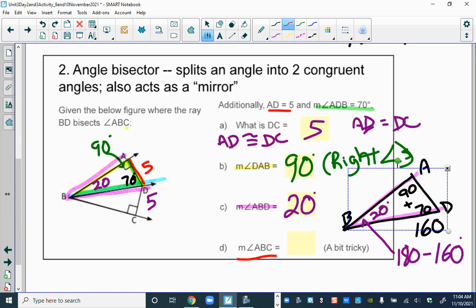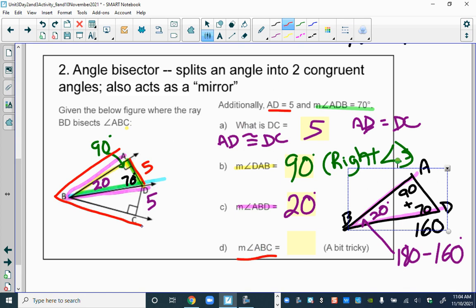Now, ABC, of course, you start from A, you go to B, and then from B, you go down to C. Given this is an angle bisector, they said that this part of the angle was 20. So in the end, you're going to get a 40.